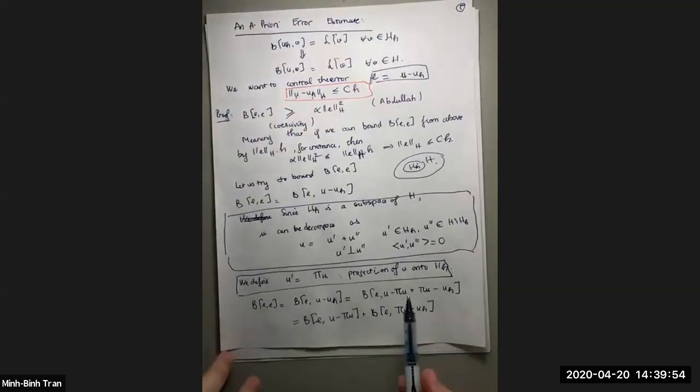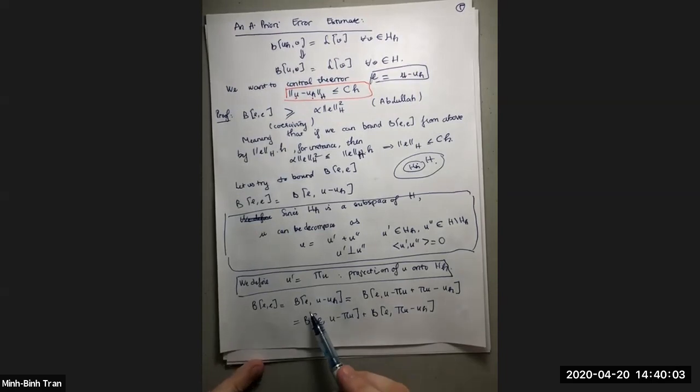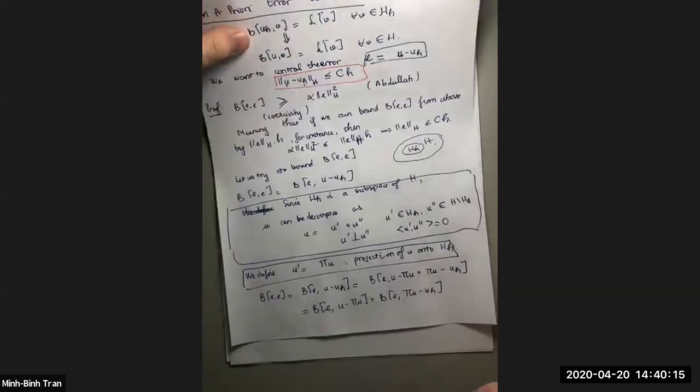I explain again. I define pi U to be the projection of U onto the finite dimensional space HS. Then B of E, U minus UH will be B of E, U minus pi U plus B of E, pi U minus UH.